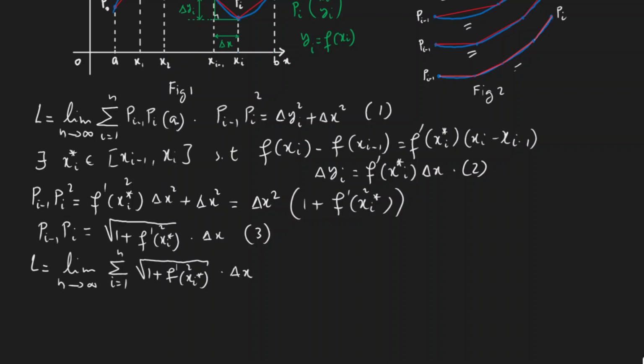And when n goes to infinity, this series will converge to the integral from a to b of the square root of 1 plus f prime of x squared dx. And that's how we find the arc length formula.